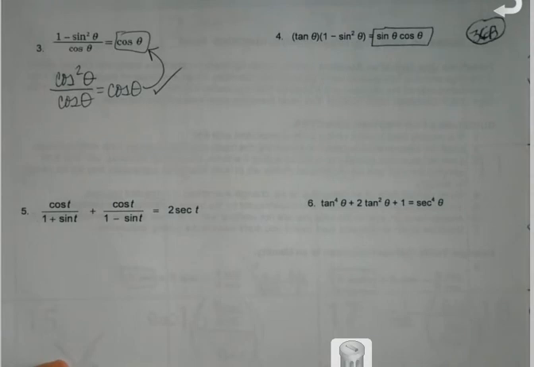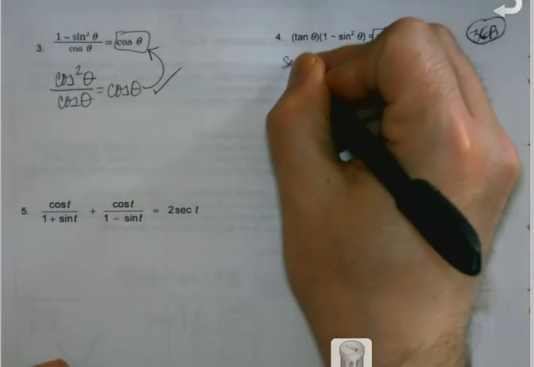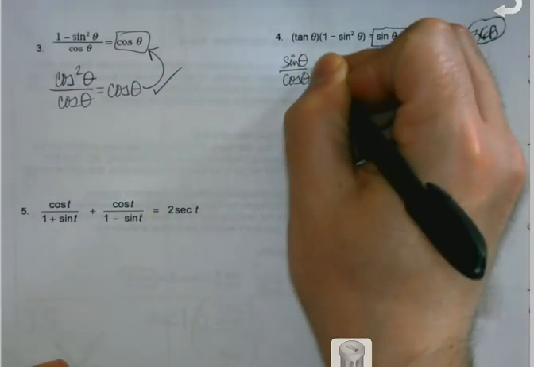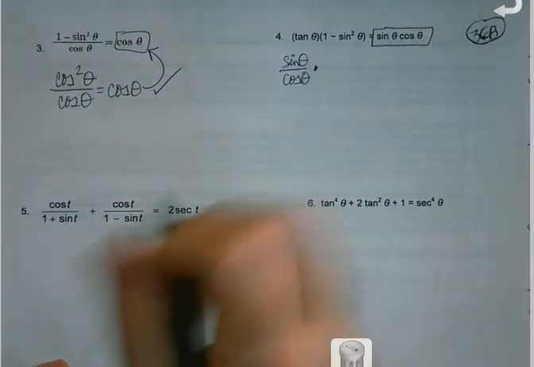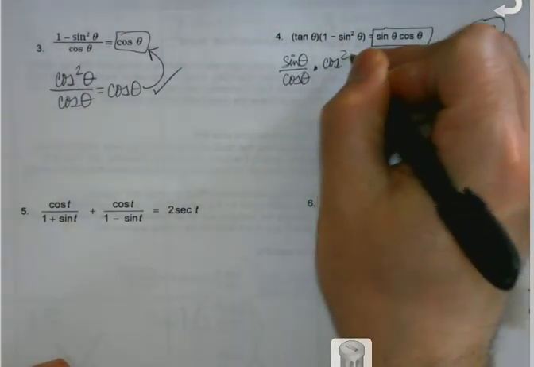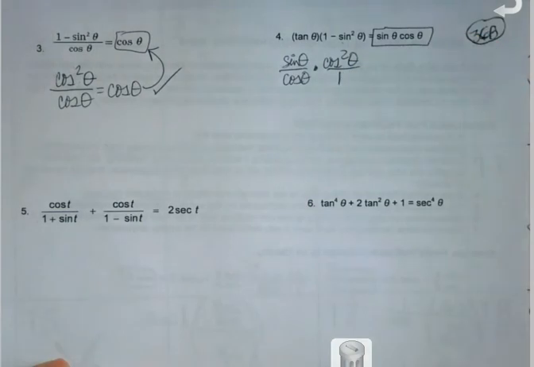All right, left side. What's tangent going to turn into? Sine over cosine. We just got done with 1 minus sine a minute ago here, saying it was cosine squared. So I go, okay, let's see.